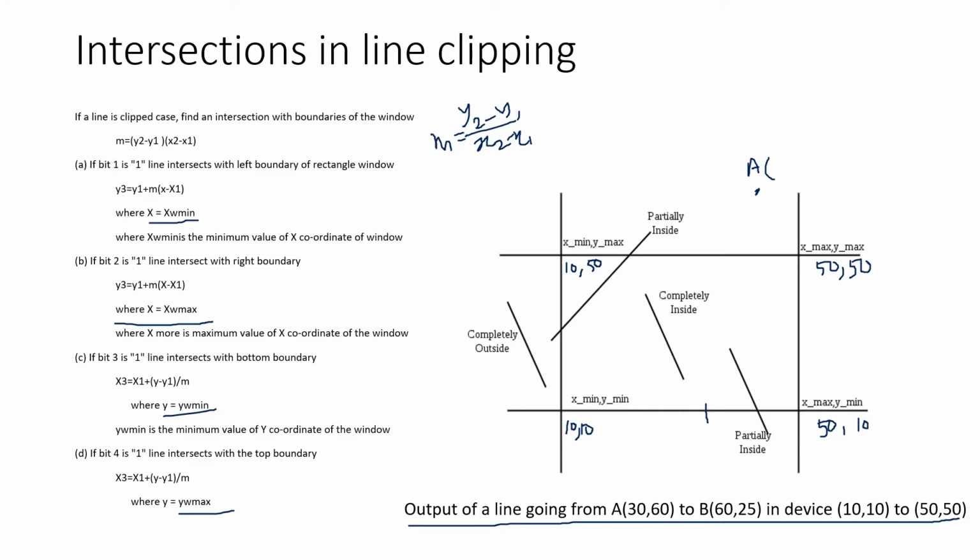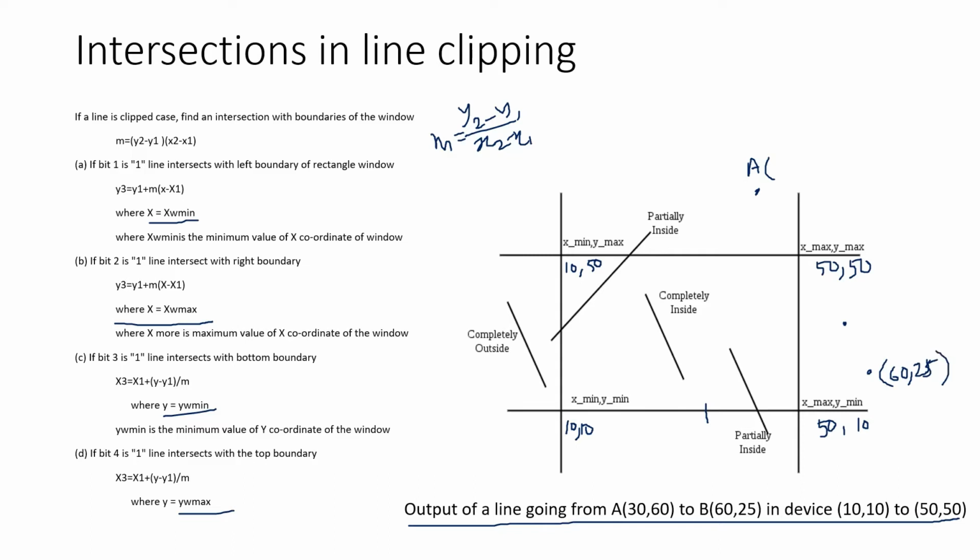60 comma 25 means the value of that particular x point is lying beyond here. This is actually the x value of 50. So maybe 60 comma 25 is lying somewhere here. Because y is 25, it must be lying between 10 and 50. So let's take this one as 60 comma 25.